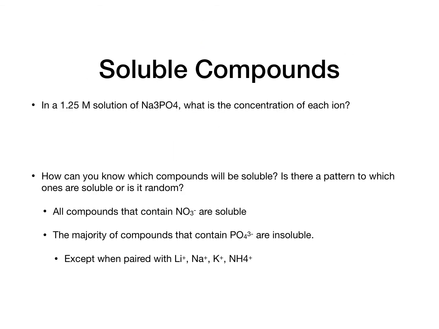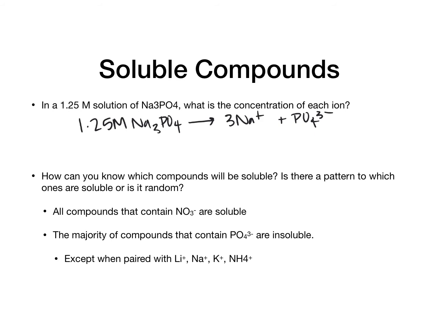So what does it mean to be soluble? We also want to think about the concentration of the ions. If I have a 1.25 molar solution of sodium phosphate, what is the concentration of each ion? We know that we have 1.25 molar Na3PO4, and this decomposes into 3 Na plus and a PO4 3 minus.